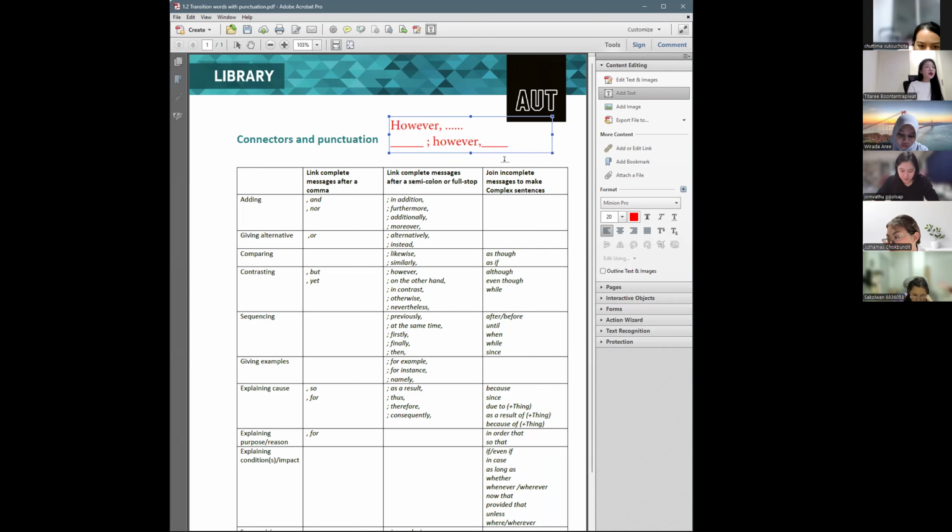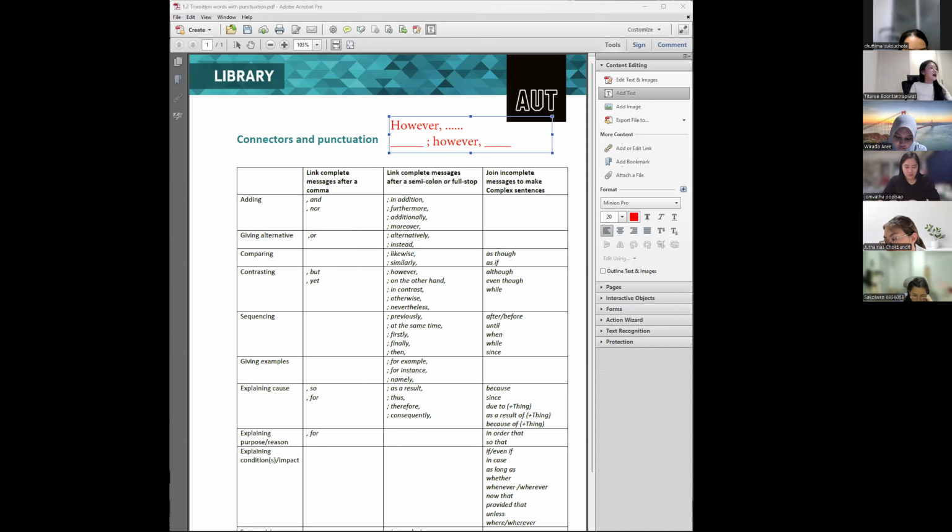So make sure you use the correct punctuation as well: semicolon, however, comma, and then the contrast. This would apply to words like however, in contrast, furthermore, additionally, the transition words. The transition technique.